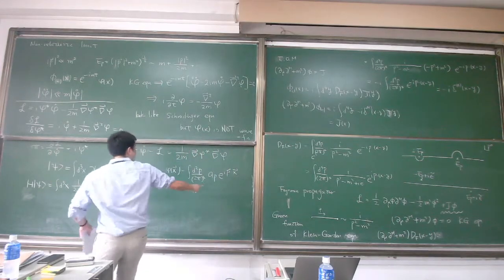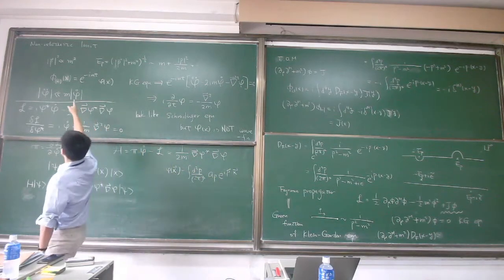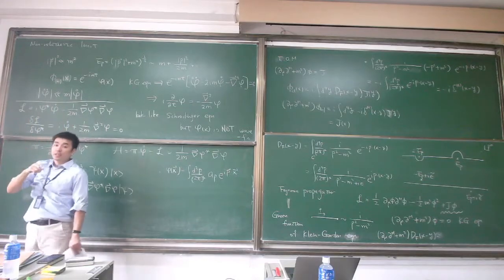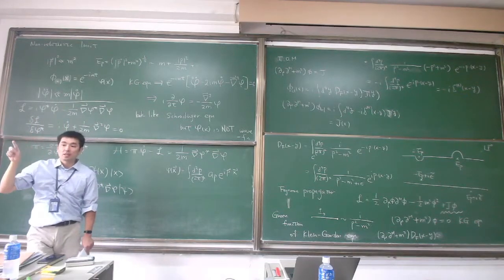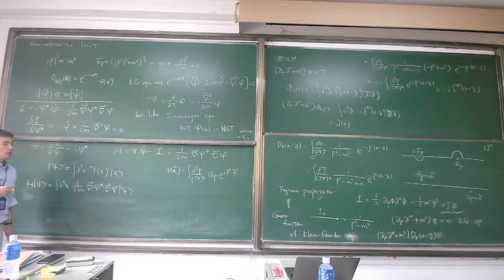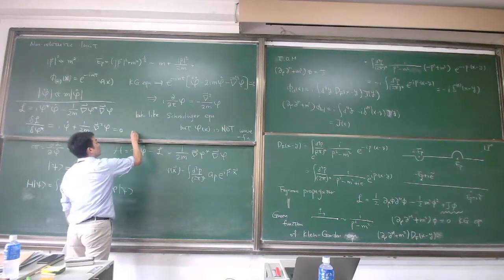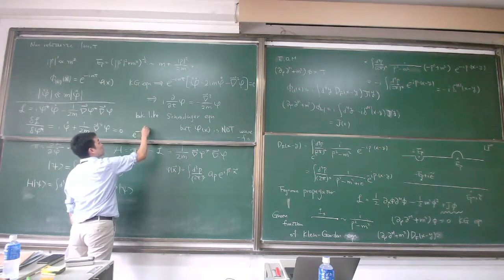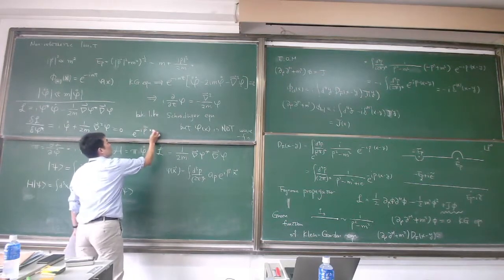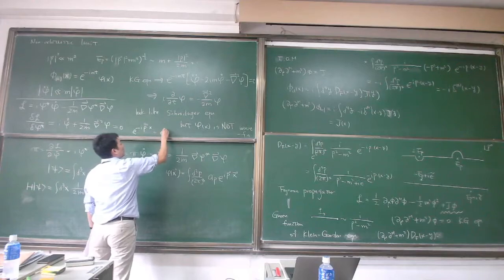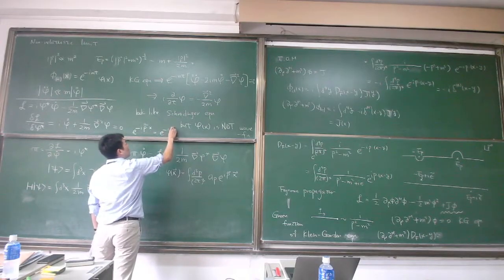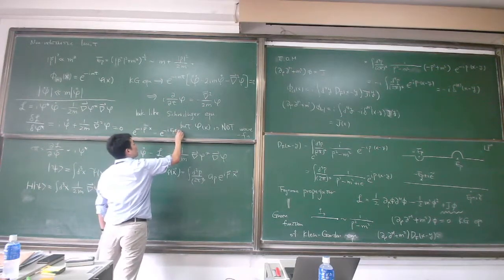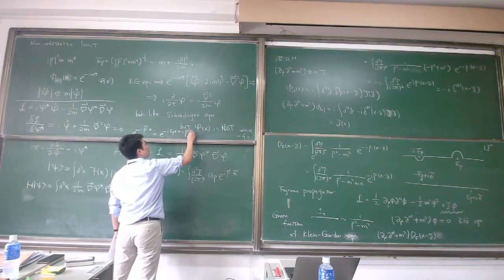So this can be combined with this e to the minus i p dot x in the full integral. So e to the minus ip dot x can be understood as e to the minus i E_p t plus i p spatial inner product.